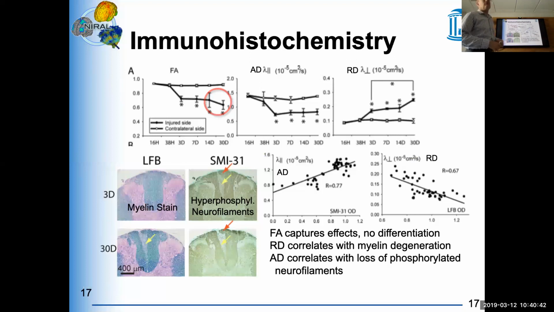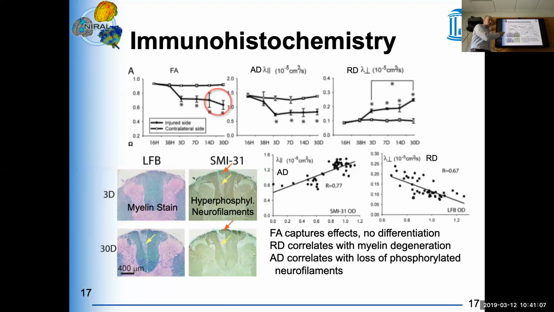But then why is it so important to have FA if you have RD and AD? Well, this is a pretty severe thing that was done here, this surgery. If you look at standard studies, RD and AD are often not sensitive enough for us to see something.